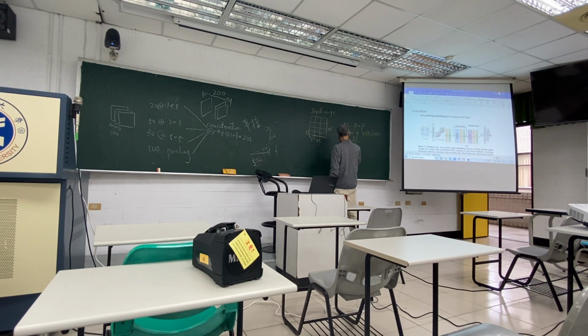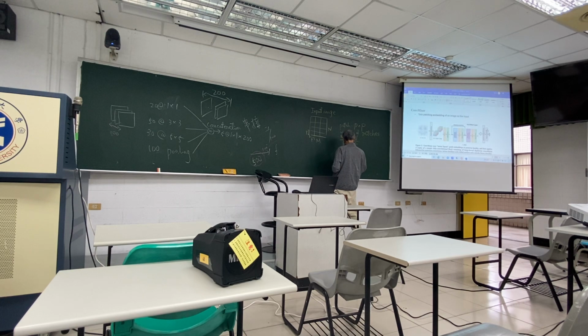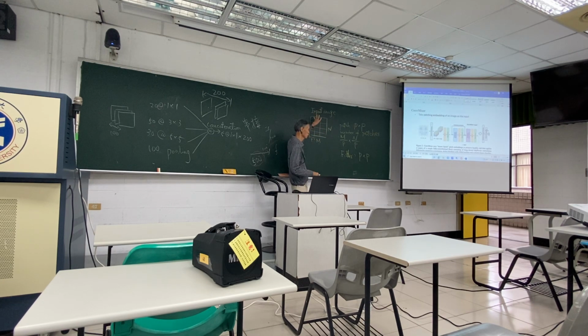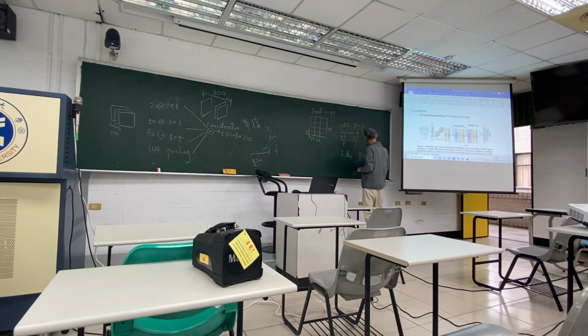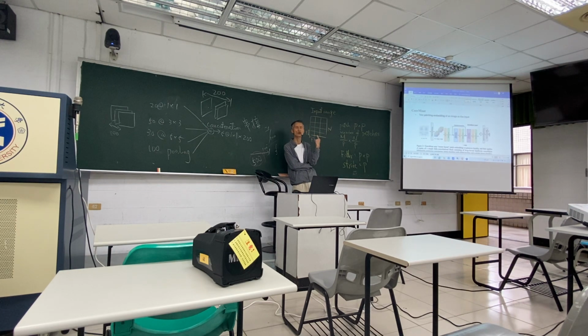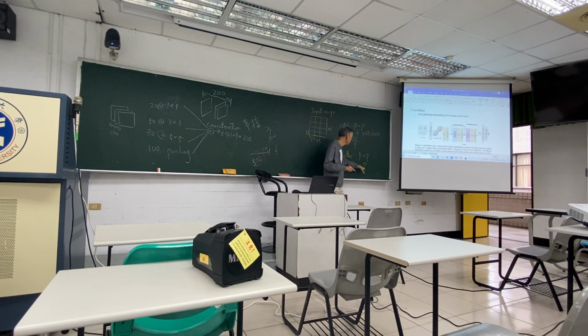Now, you can think of the filter. For the very first layer, the filter is of size P by P, equal to the patch, and the stride is P. You can think of this so-called convolutional mixer this way: the input is divided into P by P patches, and each patch is a filter of size P by P. Then we move the filter every P pixels.